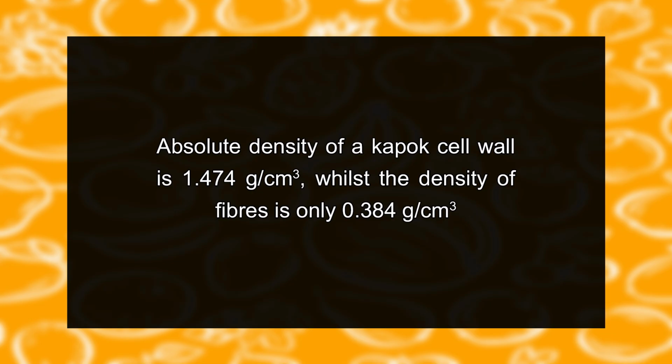Kapok contains 70 to 80% of air and provides excellent thermal and acoustic insulation. The absolute density of a kapok cell wall is 1.474 grams per cubic centimeter, while the density of fibers is only 0.384 gram per cubic centimeter.